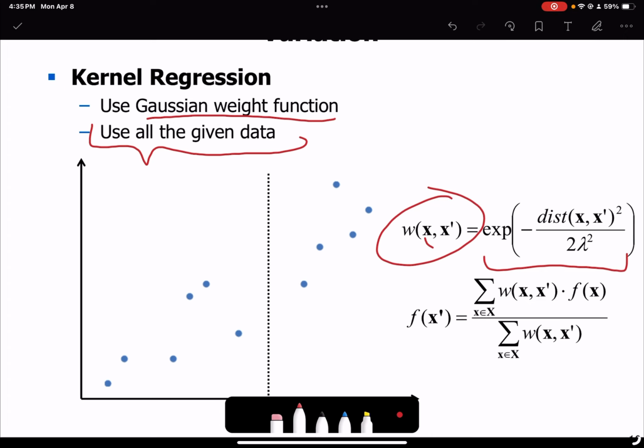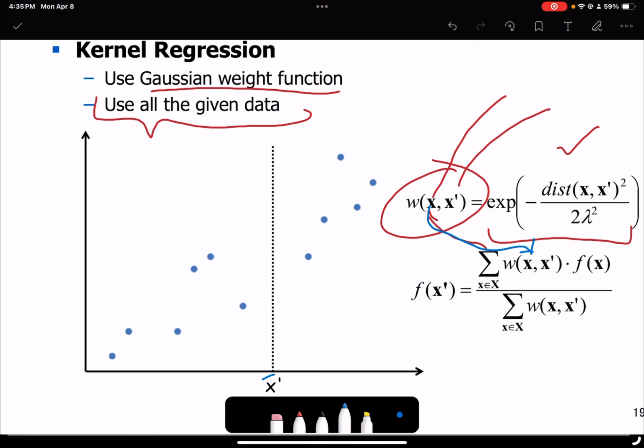Point x is among the neighbors, x dash is the point under consideration, and we can estimate the weight values using the Gaussian curve. This x dash is the point that we are considering. What would be the value here for the dependent variable? It will depend on the value of your proximity function, the weights that are assigned.